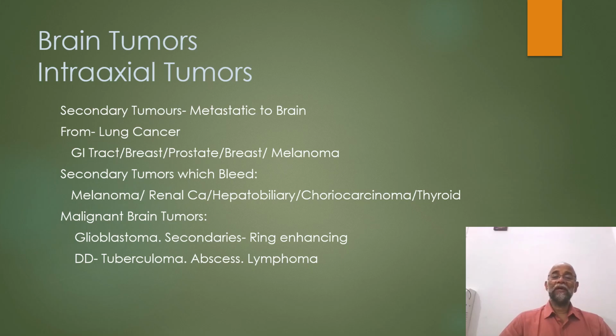So they're called ring-enhancing lesions. The differential diagnosis of a ring-enhancing lesion would be a glioblastoma, a metastasis, a tuberculoma, an abscess, or a lymphoma.